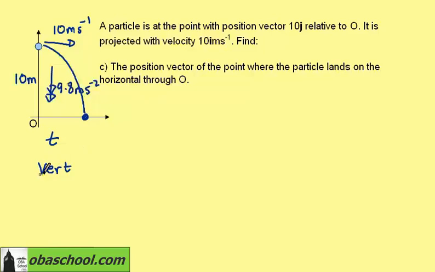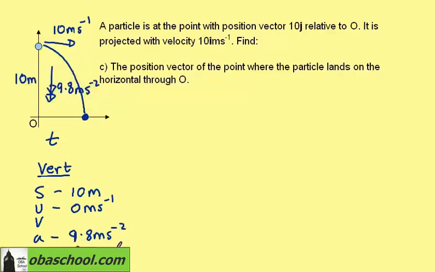So first, considering vertical motion, it lands when it has fallen by 10 meters. The initial vertical speed we know is 0. The acceleration is 9.8 meters per second squared, and we want t.